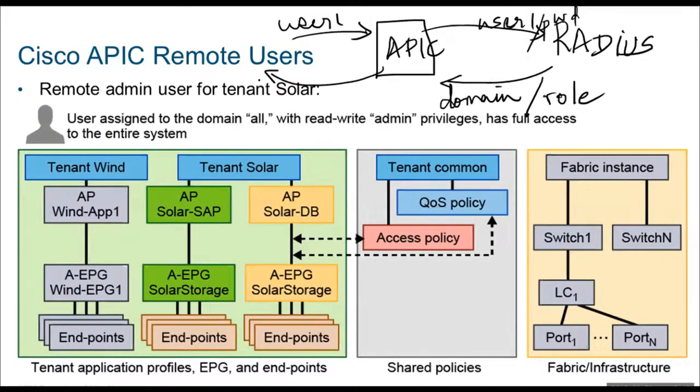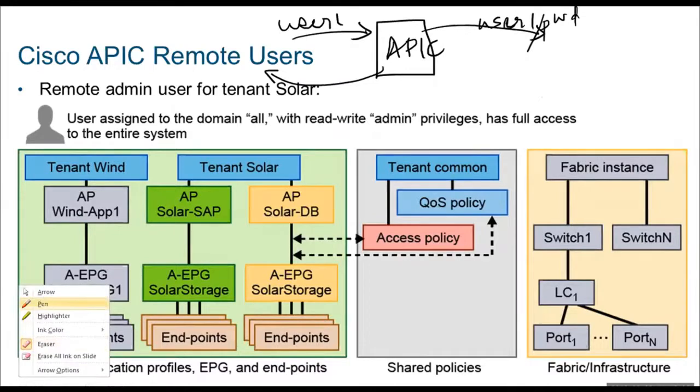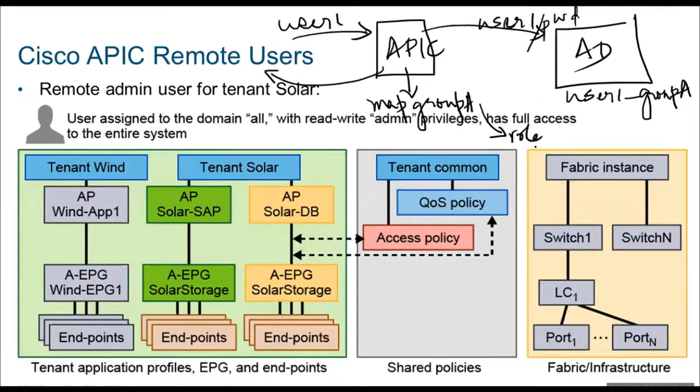Okay. If you're doing it with Active Directory, it's actually easier. You don't need to configure AV pairs. So if this was Active Directory, Cisco has made it a little easier for AD. And suppose user 1 belongs to a group A. In here, you can map group A to the required role and the read write.